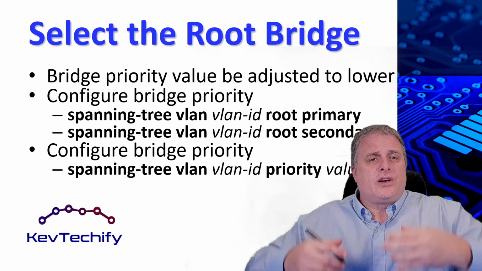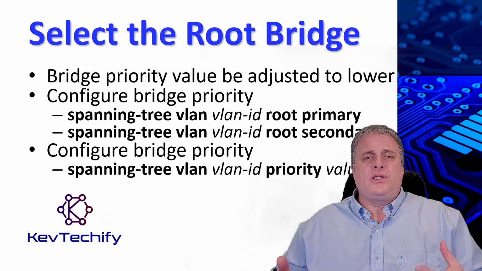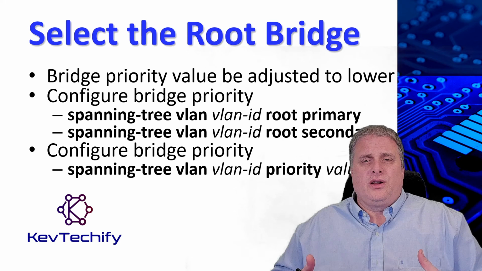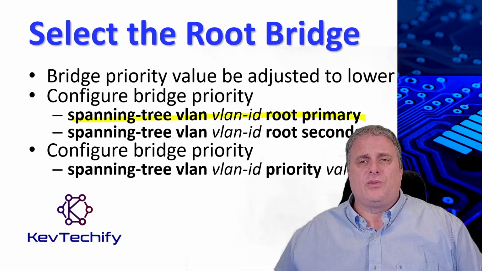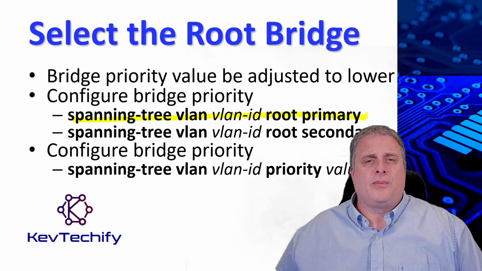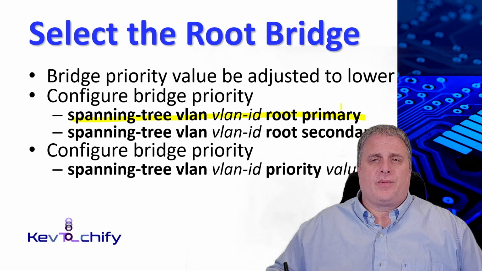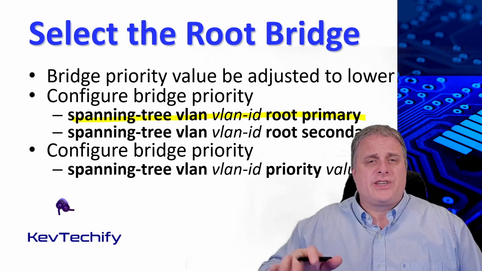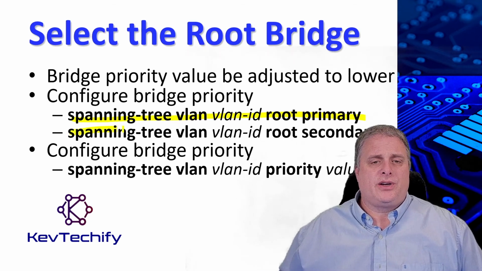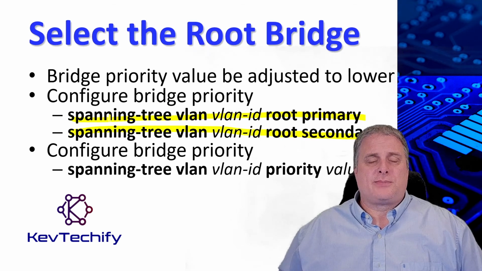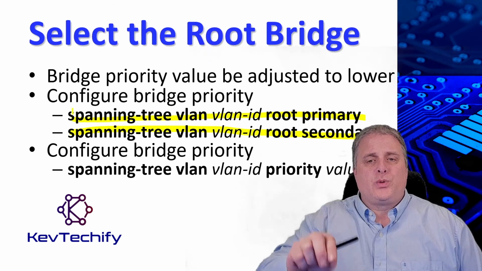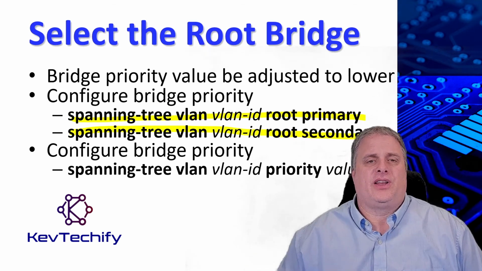The first one, to ensure that the switch has the lowest bridge priority, is the spanning-tree vlan VLAN-ID root primary command in global configuration mode. If an alternate root bridge is desired, we would use spanning-tree vlan VLAN-ID root secondary. So we are specifying which switch we want to be the primary regardless of any elections.